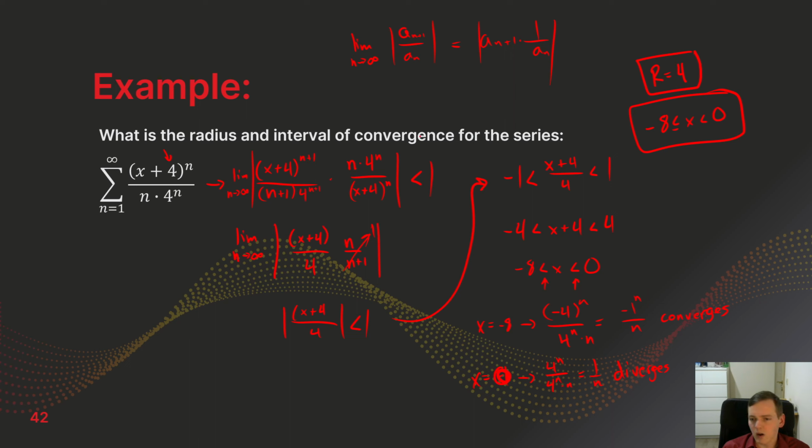This is the way that all of these will work: for the AP test, you use the ratio test, set it less than 1, you'll do some work to find out what the x values can range between, and you'll plug in the two endpoints. Typically, but not always, one endpoint will be an alternating series test that converges, and typically the other will be a harmonic series that diverges, just because that's the simple prototype way to have it be interesting and have one side converge, one side diverge.